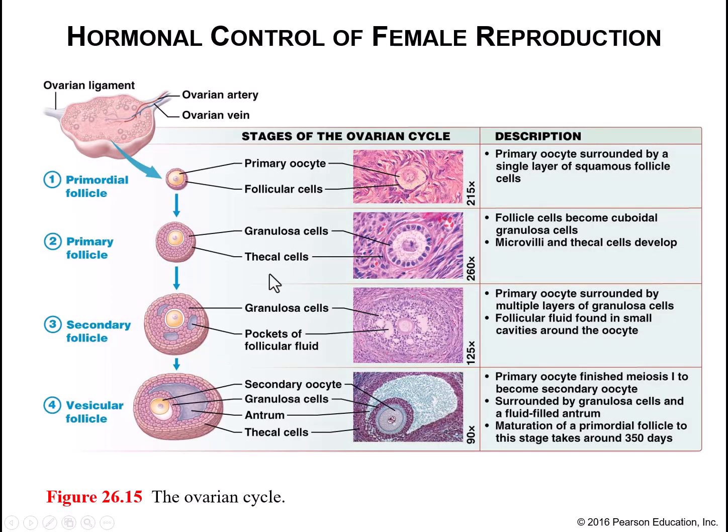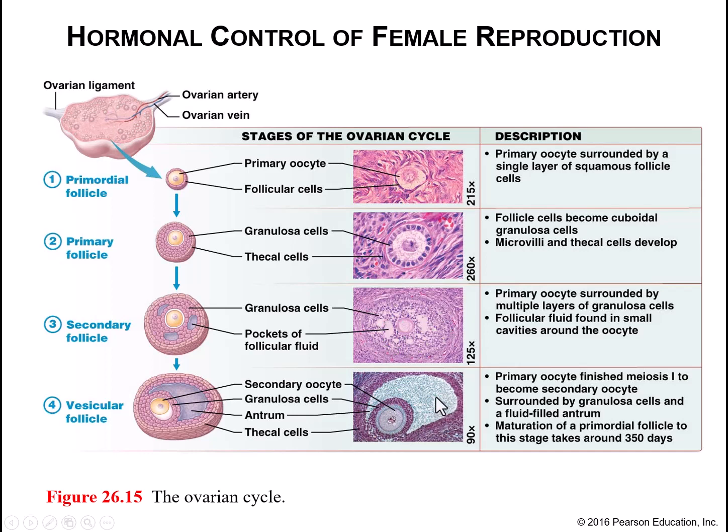And so here we can see the photomicrographs of our different follicles. Primordial just has that squamous layer of cells surrounding it. In the primary follicle, we start getting the cuboidal cells around it, and they start stratifying. In the secondary follicle, we start having little fluid-filled pockets of follicular fluid.